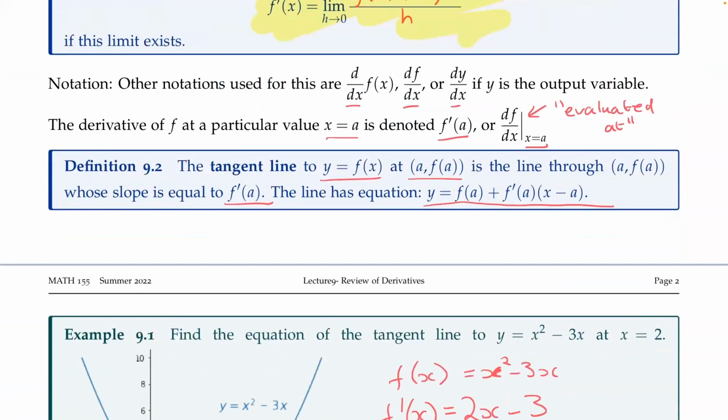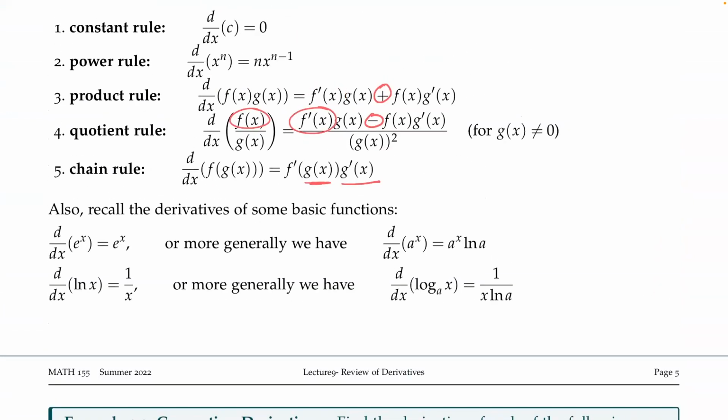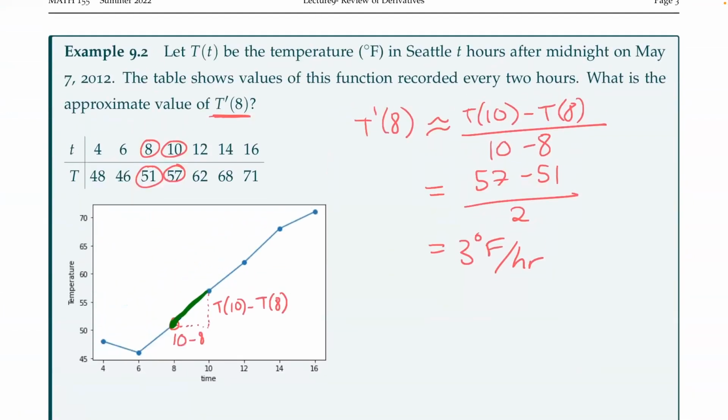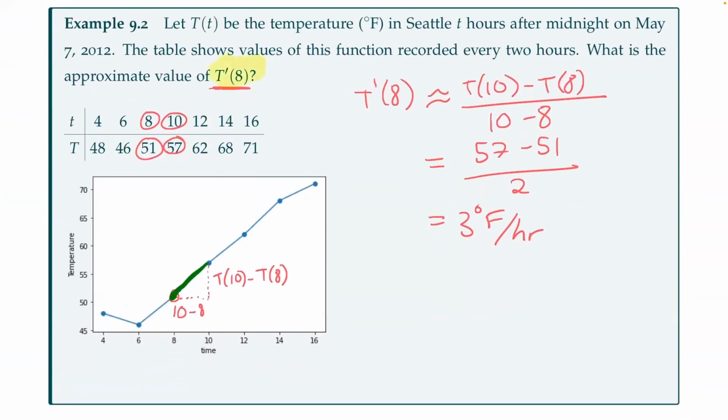We can approximate the derivative if we have a point. So here we want to approximate the derivative when little t is 8 for our temperature, big T in Seattle. Well, here it actually looks pretty linear, so it's not a great example in some ways, but we take this point here, so that's my t at 8.